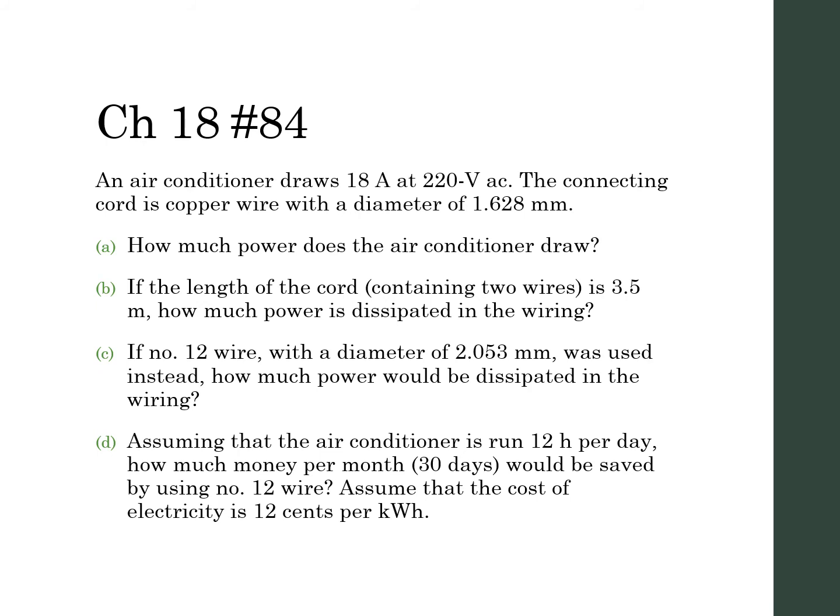This is still copper. It just has a different diameter value. So please make sure you're aware of the diameters that you are using going through. And just be aware that in C, it is still a copper wire.